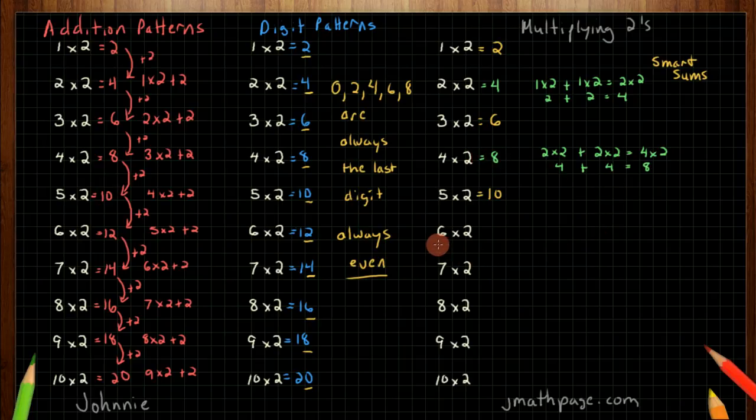Alright, can you use the pattern to figure out 6 times 2? Well, we know that 6 is double 3, and we also know the product of 3 times 2 equals 6, so that will be good.